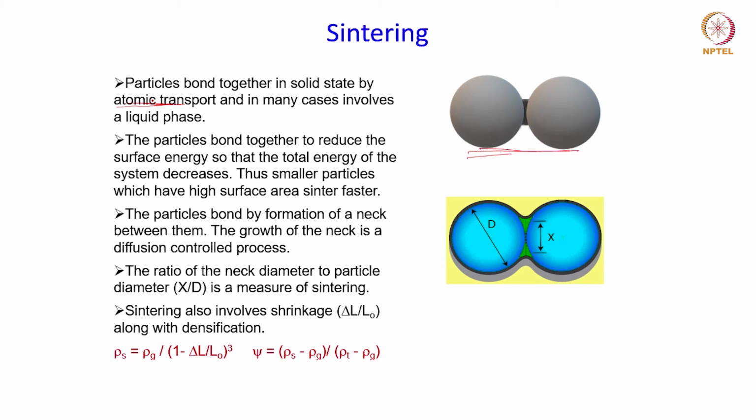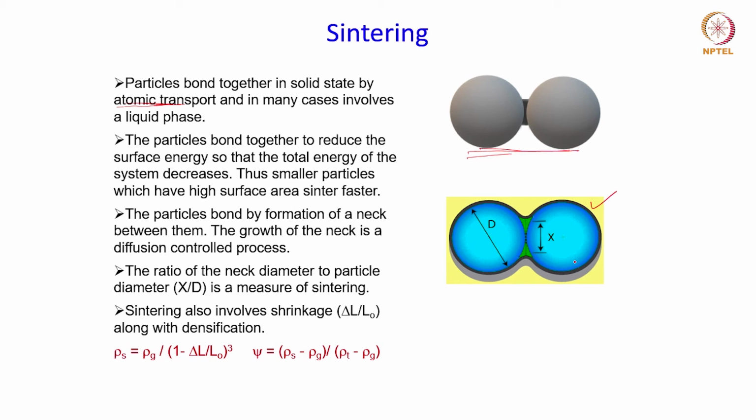So as I said, the particles will bond by formation of a neck between them. As you see over here, this is the start of the formation of the neck, and it will form in a manner like this, as shown schematically in this picture.